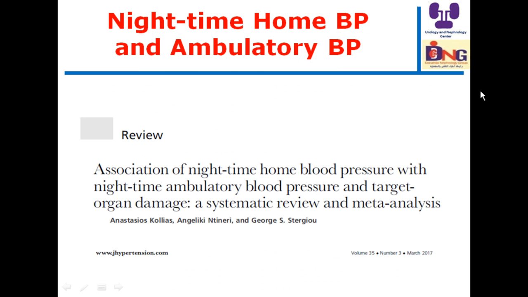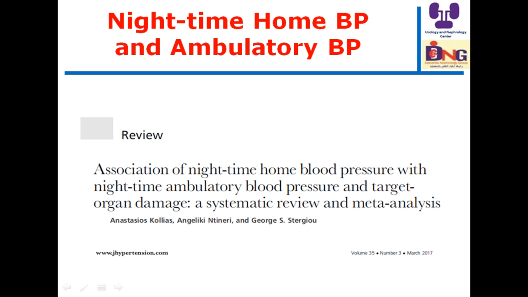Again, this is a very nice review, showing the association of nighttime home blood pressure with nighttime ambulatory blood pressure and target organ damage, as a systematic review and meta-analysis. Within this meta-analysis, there is accumulating evidence suggesting that nighttime home blood pressure monitoring is feasible and well accepted by the patients.